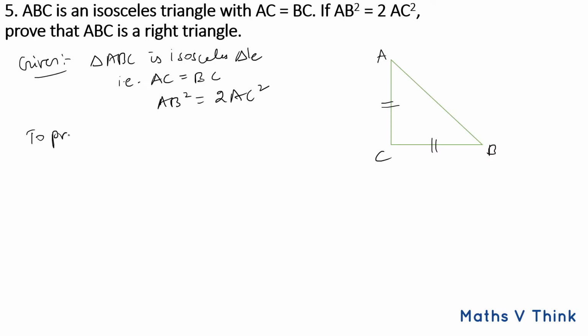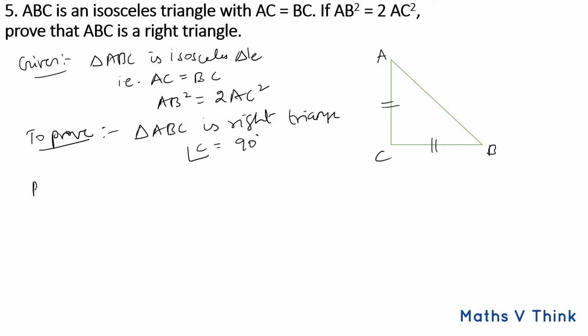Now to prove is triangle ABC is a right triangle. That is, I need to prove angle C is equal to 90 degrees. Proof. First take the given part, that is AB square is equal to 2AC square.